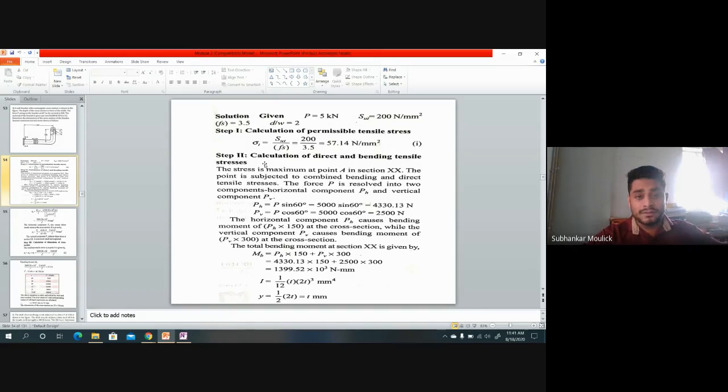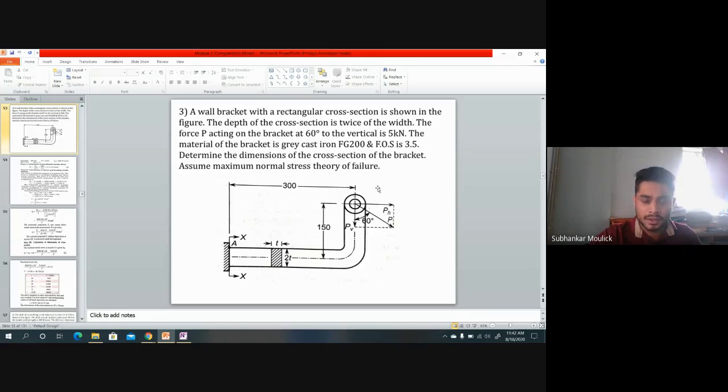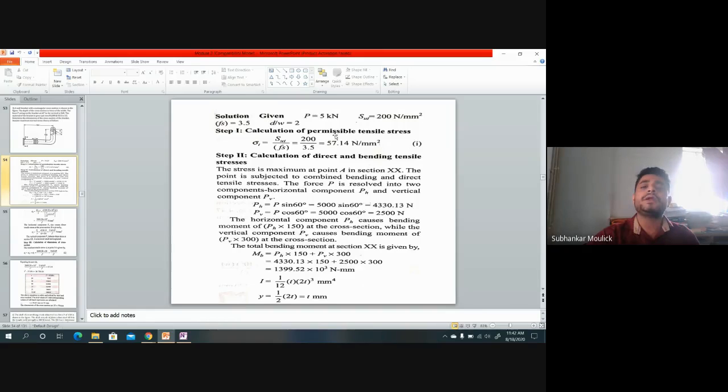Okay, now what is this value of sigma? This is the maximum permissible tensile stress for this material. Since the bracket is made up of this material, the maximum stress that this particular bracket can sustain is how much? It is 57.14 Newton per millimeter square.